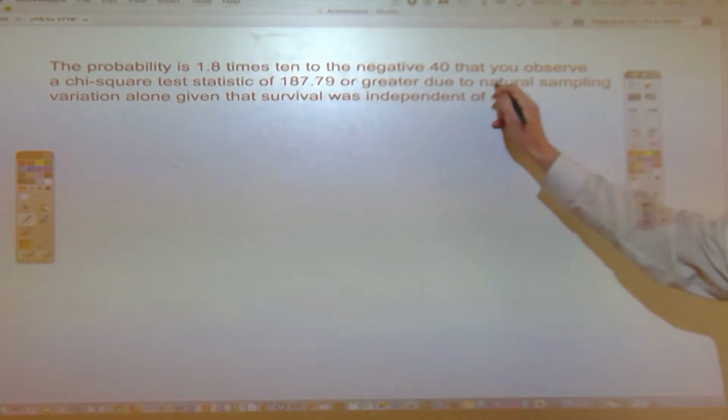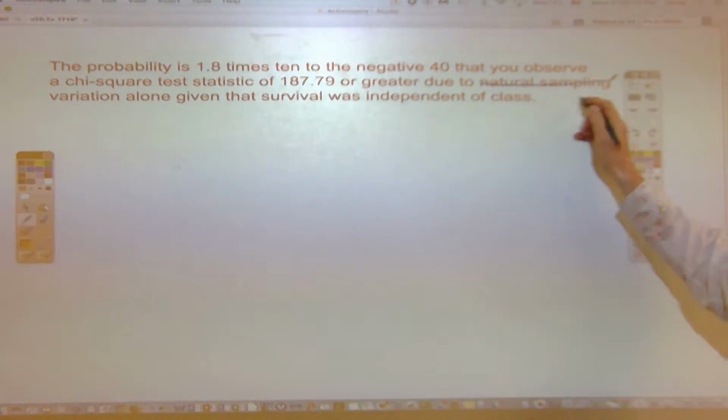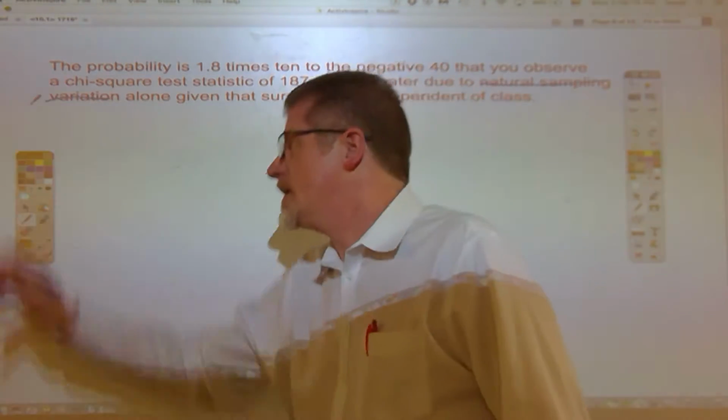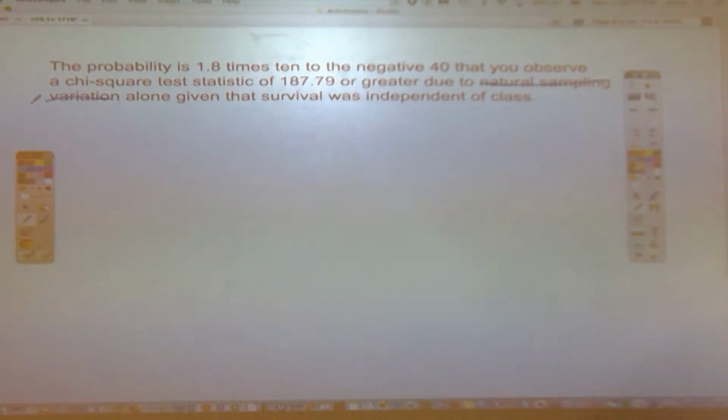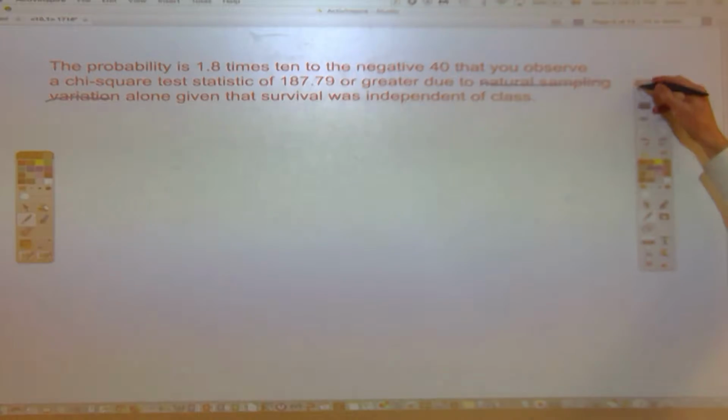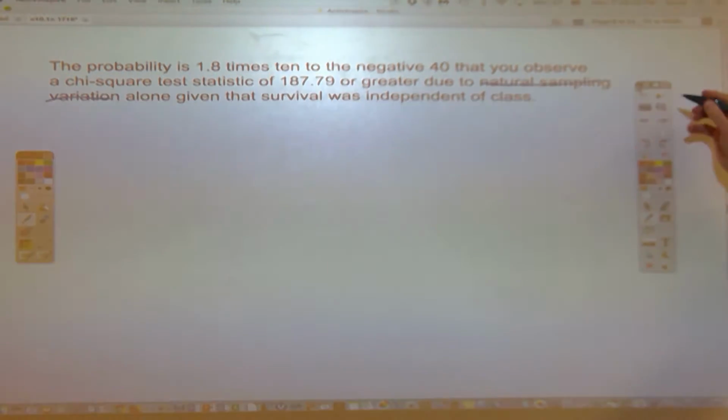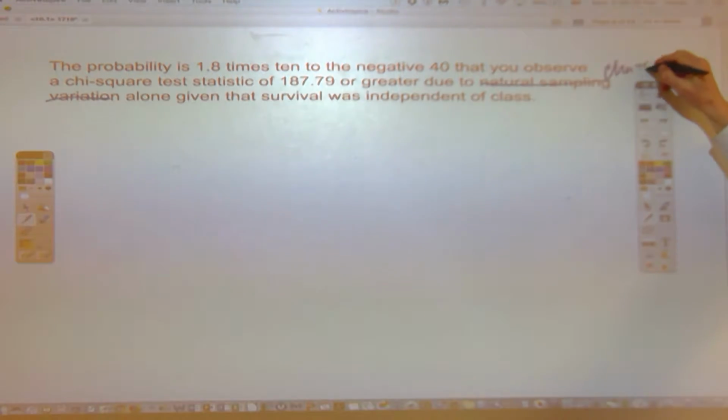And again, I'm crossing out natural sampling variation because we did not do any sampling. We didn't take a random sample of people on the Titanic and ask them, did you survive? Instead, it was just due to chance.